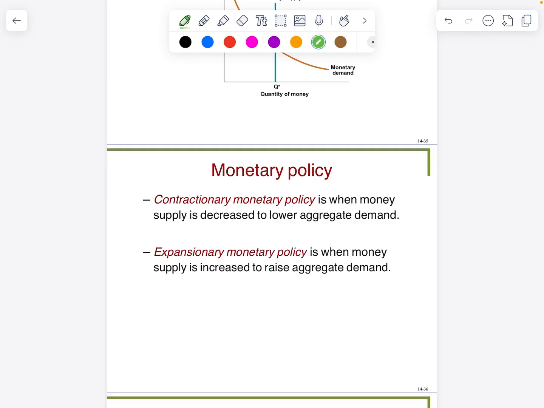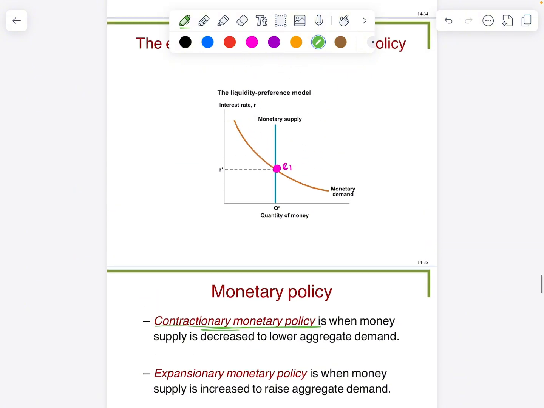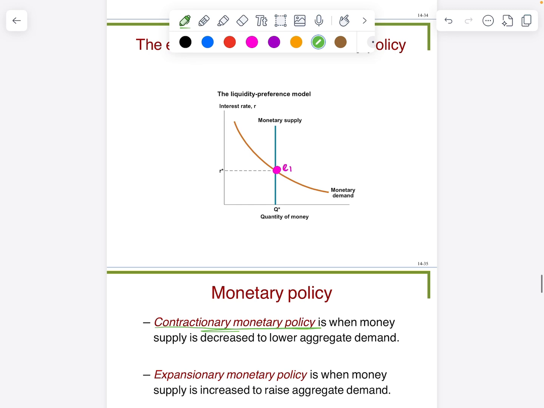So contractionary monetary policy is when the money supply is decreased to lower aggregate demand. So that money supply, this vertical line, is going to decrease. So we know that that means it's going to shift to the left. Right, so it shifts to the left.